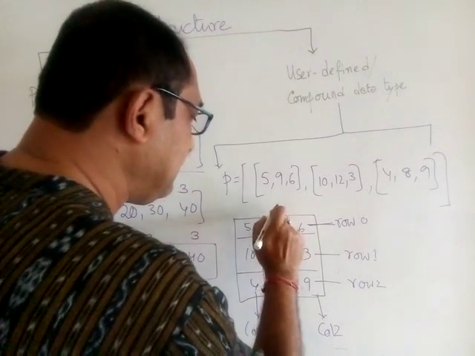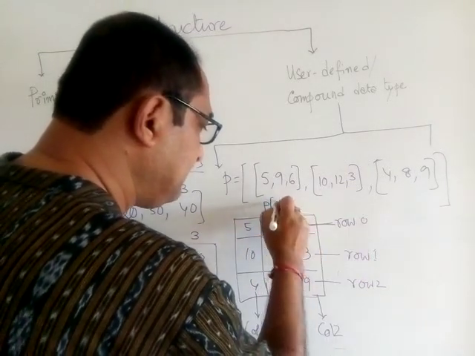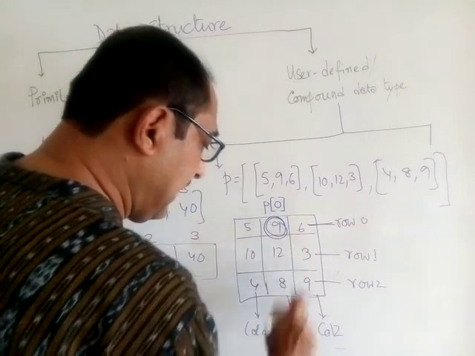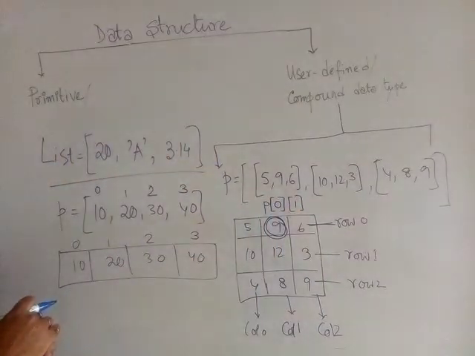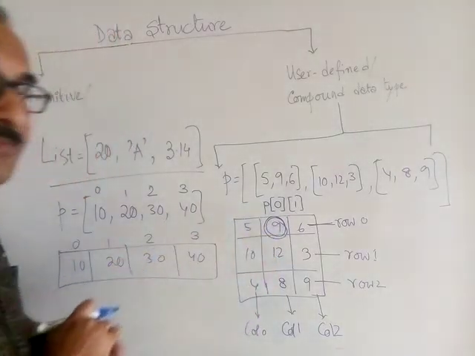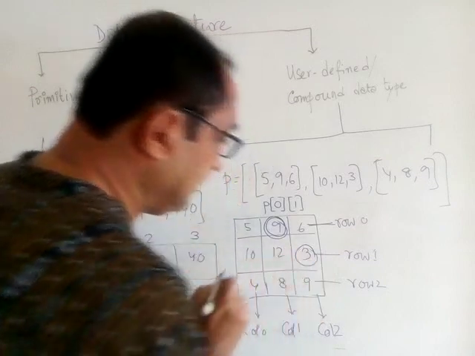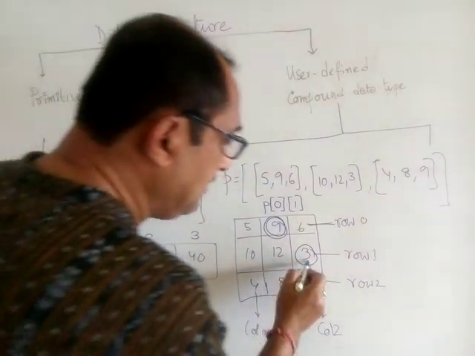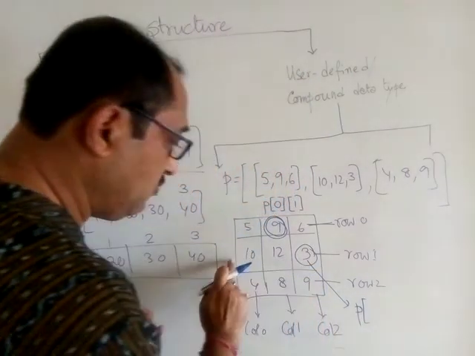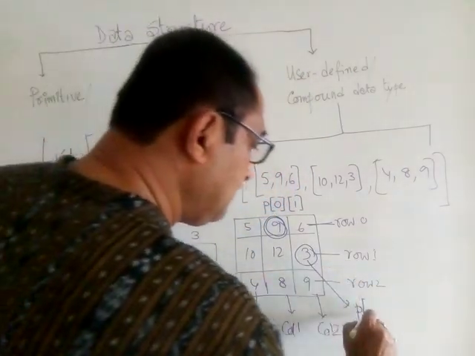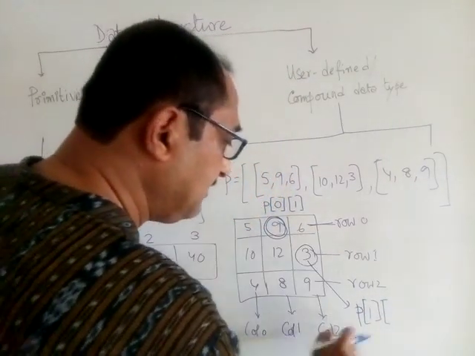So I can represent this by P. First I will write the index of the row and then the index of the column. So if we write P01, I shall be able to represent this. Similarly, if I take this one, I can represent it by writing P, again row position first, row is 1, and then column number 2.